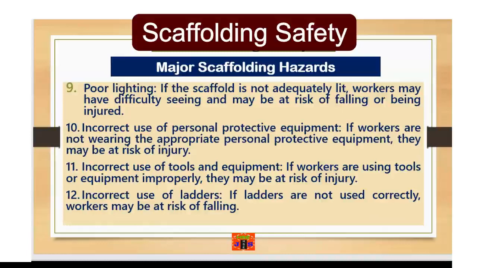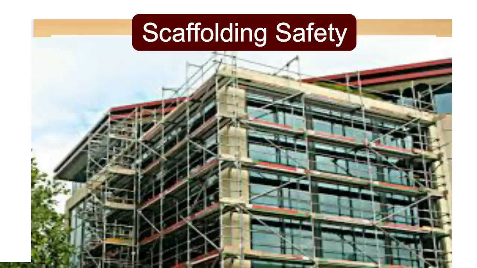Number 11, incorrect use of tools and equipment. If workers are using tools or equipment improperly, they may be at risk of injury. And number 12, incorrect use of ladders. If ladders are not used correctly, workers may be at risk of falling.